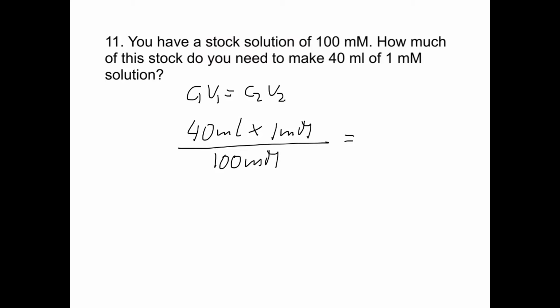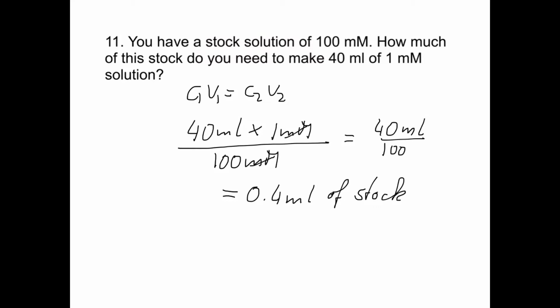So all we need to do is cancel that, and we have 40 milliliter divided by 100, and that gives us 0.4 milliliter of stock. And of course 39.6 milliliter of say water or buffer or whatever this compound should be dissolved in.